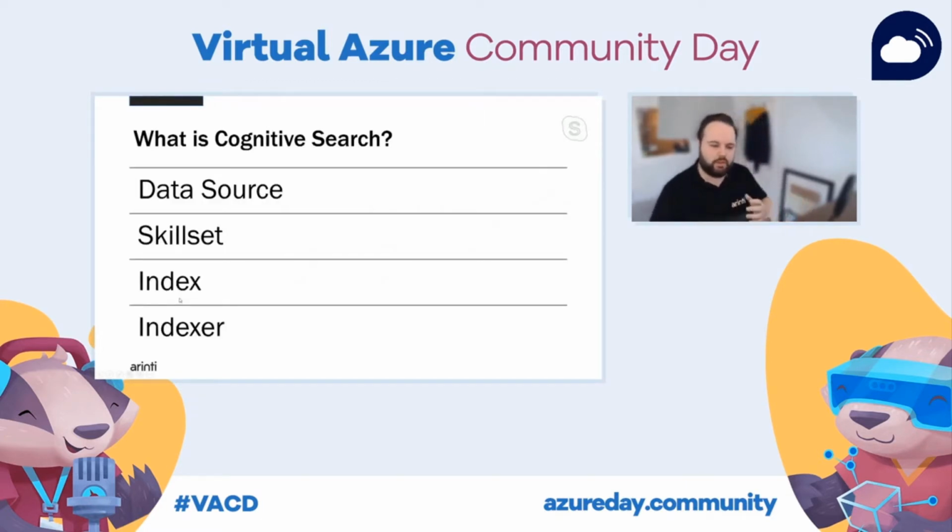So cognitive search, the service itself consists of 4 objects that are very important to know and understand what they do. So we have a data source. A data source can be different kinds of data sources. So we have, for the moment, a SQL database that is allowed.